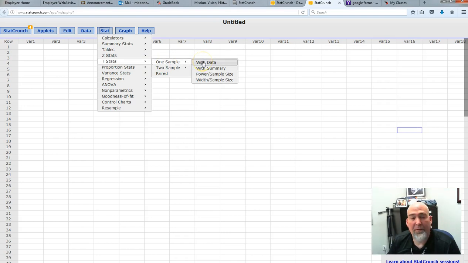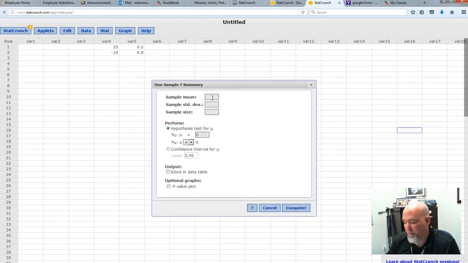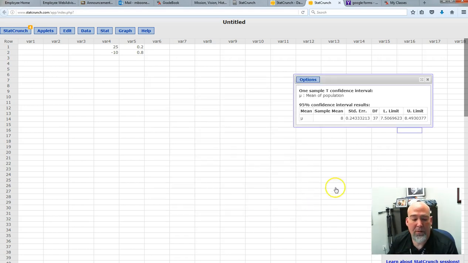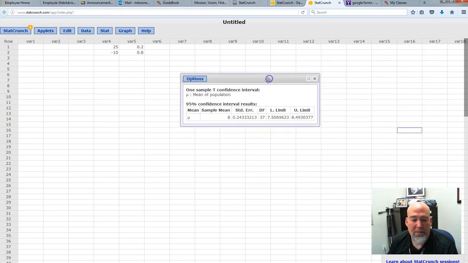And whether we have the data like a long list in one of these columns or we just have a summary of the data, I could put in, we had a mean of 8, a sample standard deviation of 1.5, and a sample size of 38. And if I want to find a 95% confidence interval, I just hit compute. And so that means that I'm 95% confident that the true population mean is somewhere between 7.5 and 8.5.